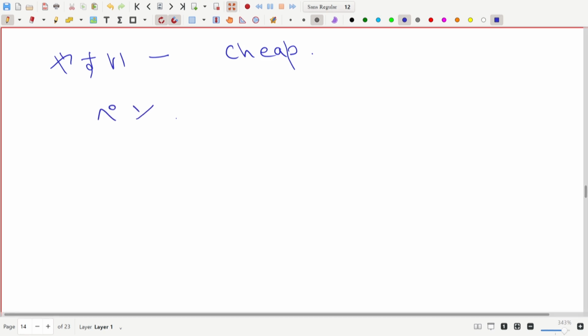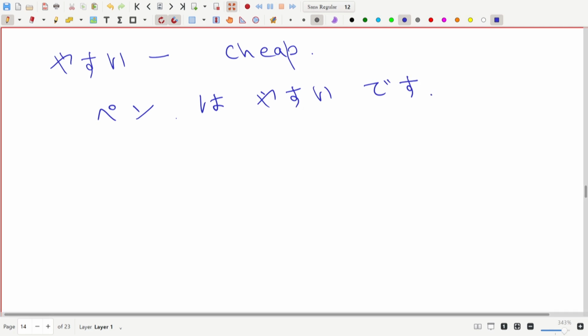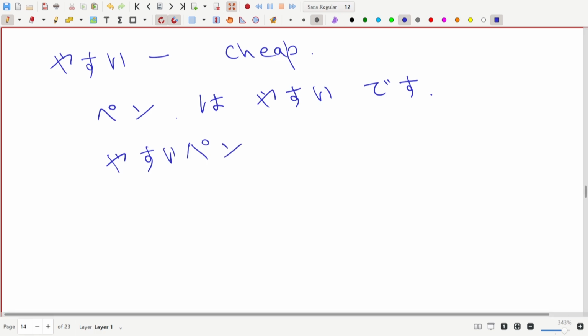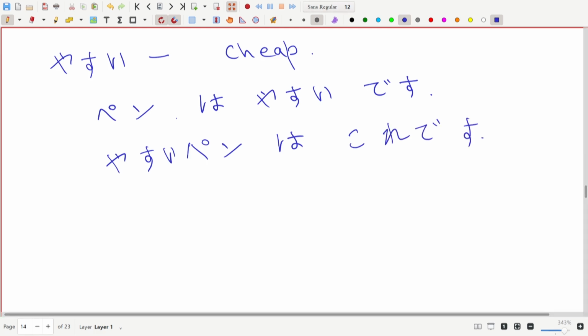Pen wa yasui desu. Next way of using it is very similar. If we are saying cheap pen, it will be yasui pen wa kore desu. Cheap pen is this.